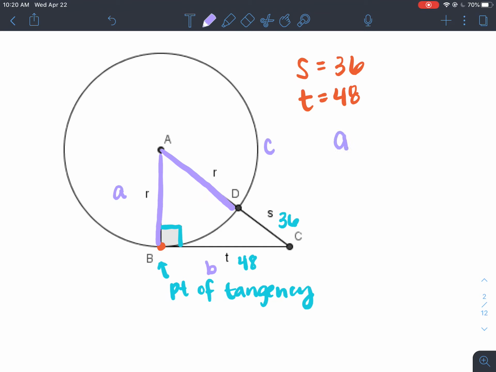So I can use A squared plus B squared equals C squared. Now, notice your C is the combination of two different segments. So my C is going to be R plus 36. It is really important that you remember that R plus, that it's not just 36. Otherwise, we're going to have a slight issue there, but we're going to add those two values together.